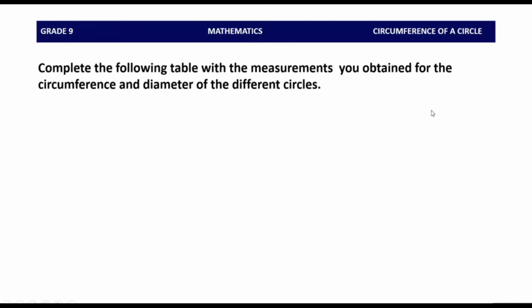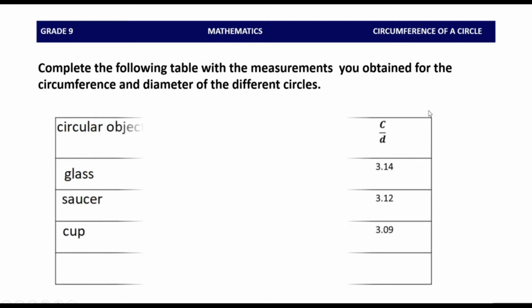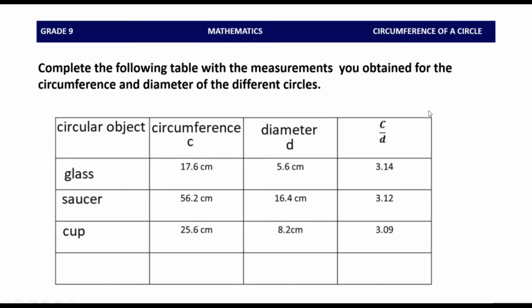Complete the table using the measurements that you obtained for the above activity. Here are some values that have been obtained through an activity. By looking at the table, you can see that the value obtained for the circumference divided by diameter is always a value close to 3.1.